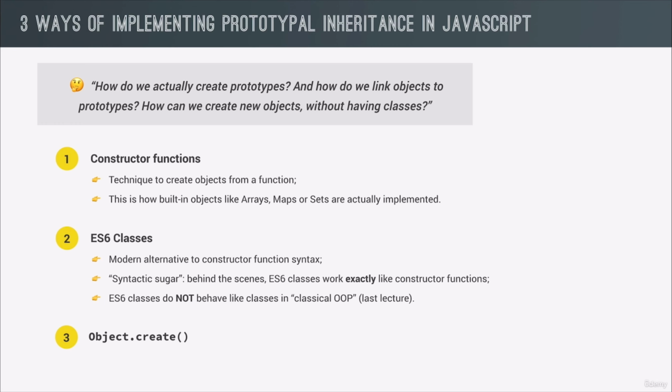So this means that ES6 classes are basically just a layer of abstraction over constructor functions. So it's really just a nicer syntax that makes it easier for newcomers to do OOP in JavaScript. But behind the scenes, ES6 classes are actually implemented with constructor functions. And so they also use prototypal inheritance, just like we learned in the last.